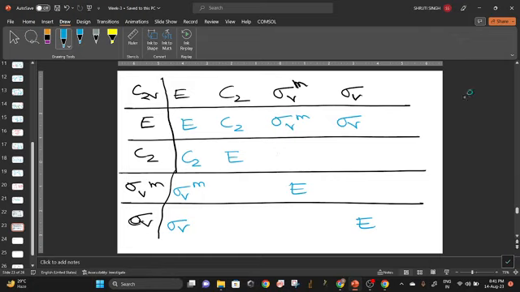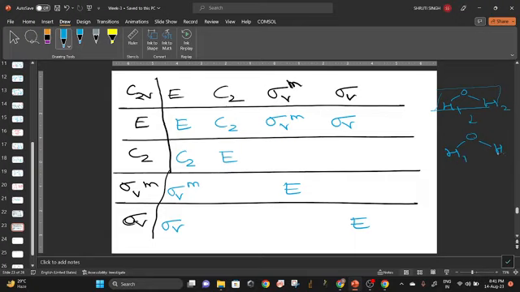Suppose this is the molecular plane. After putting the molecular plane, what am I getting? 1, 2. So this is 1, this is 2. And then I will put C2. So what will I get? H2, H1. Okay? So this is the same as putting a sigma V plane here. Isn't it?